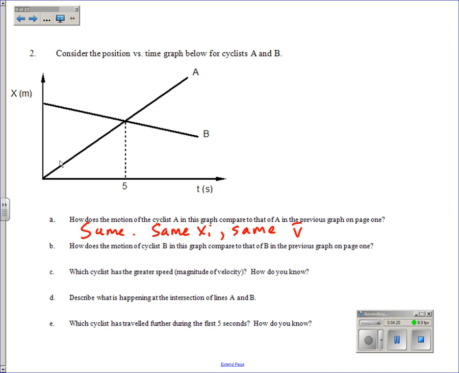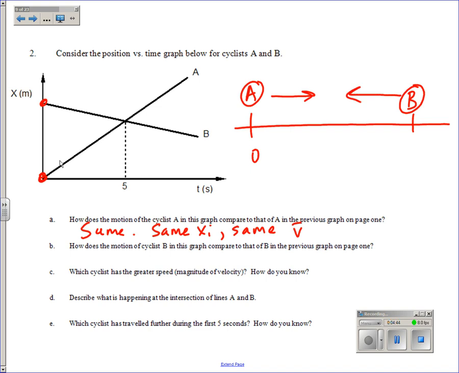How does the motion of cyclist B in this graph compare to that of B in the previous graph on page 1? Well, once again, I'd like you to think about drawing a number line. Again, cyclist A starts at the origin and is traveling to the right. But look at cyclist B. Cyclist B starts somewhere out to the right, but is actually moving to the left.